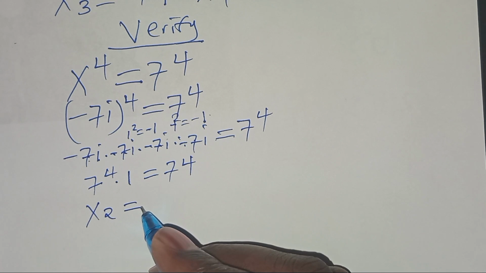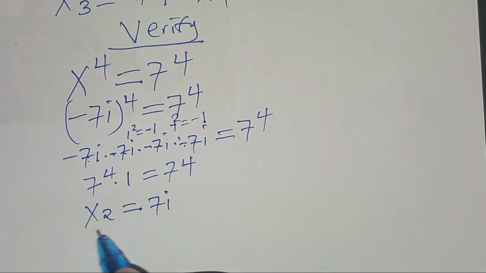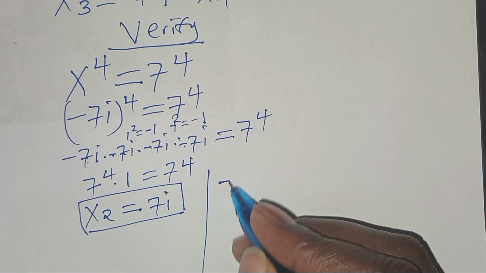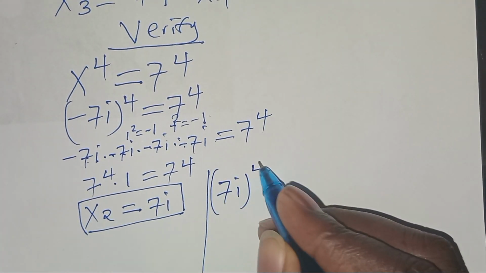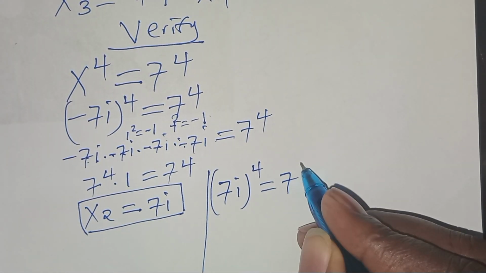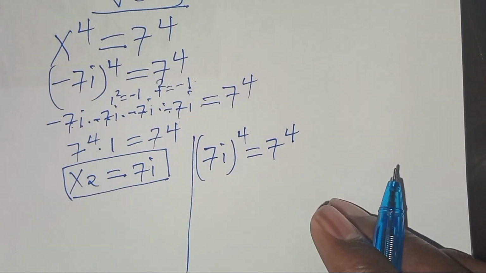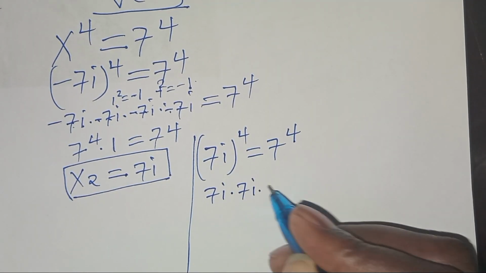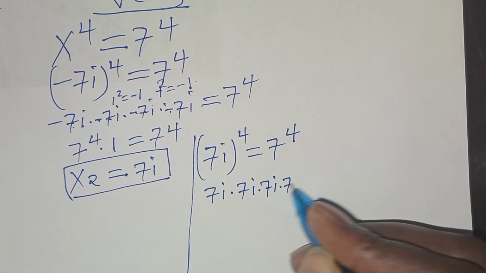Now x2 is equal to 7i. Substituting this, the same thing, we have 7i raised to the power 4, which is equal to 7 to the power 4. So here we'll have 7i times 7i times 7i times 7i.